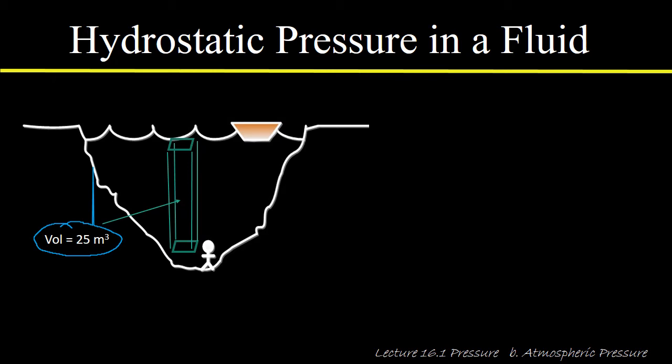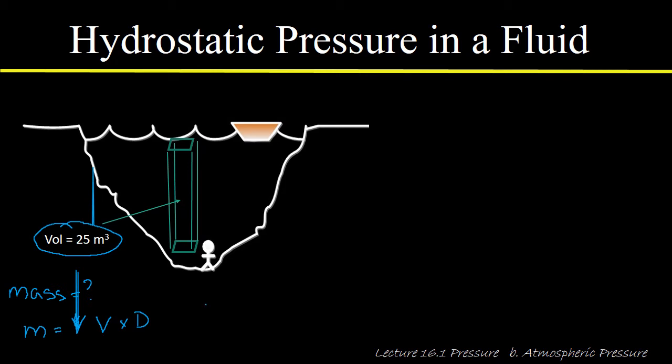And we want to know what the mass is. Remember we said a few minutes ago that the mass is volume times density. My pen screen keeps doing that. So we know the volume, that's 25 cubic meters, and we should know the density also.